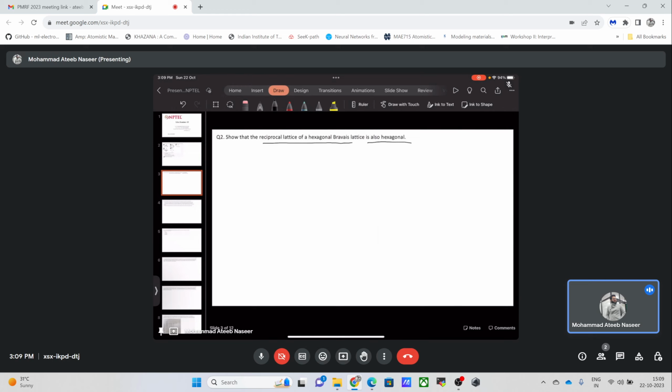Let me draw the hexagonal lattice first. If this is the hexagon, it will be somewhat like this. Let me draw everything in solid.